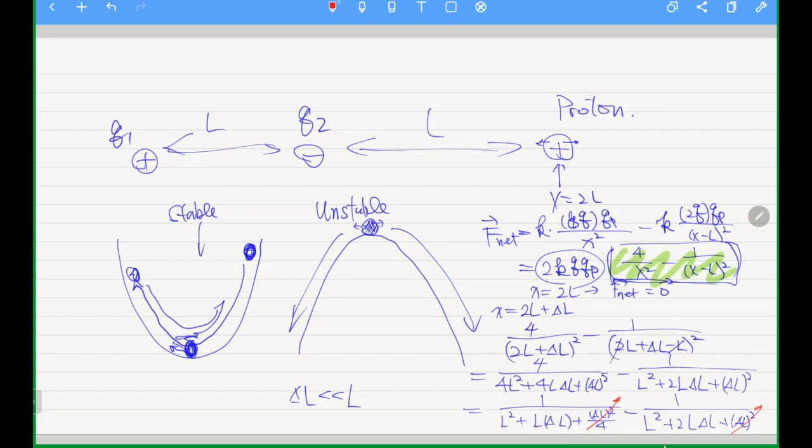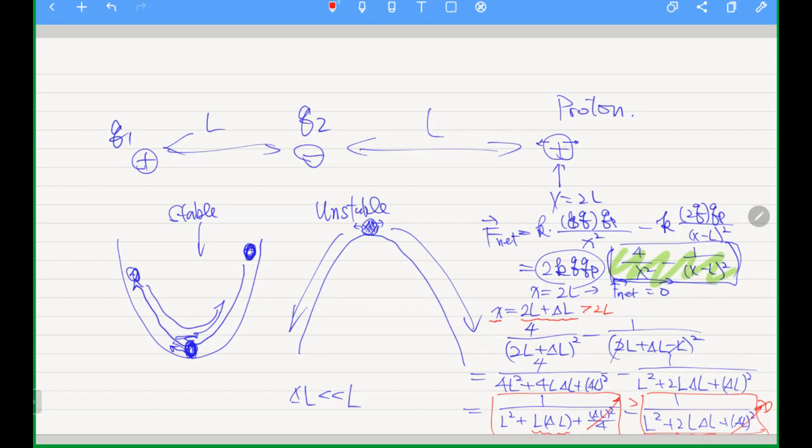Then we can easily check that this one is smaller than this one, which means that this one should be larger than this one, which makes this factor positive. That means if we put x slightly larger than 2L, there will be a positive force acting on it.